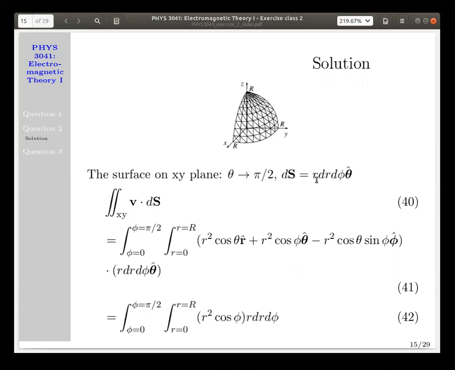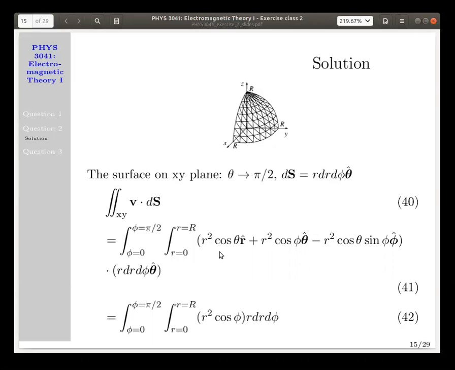Because theta hat is pointing in a direction tangent to the lines going from the pole down the surface, when theta is pi over 2, theta hat will be pointing exactly downwards.